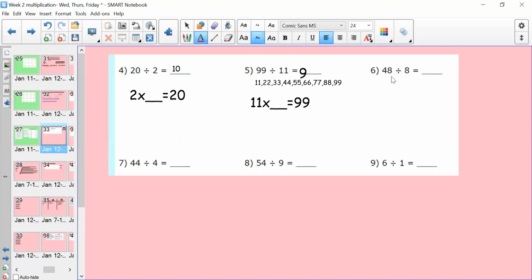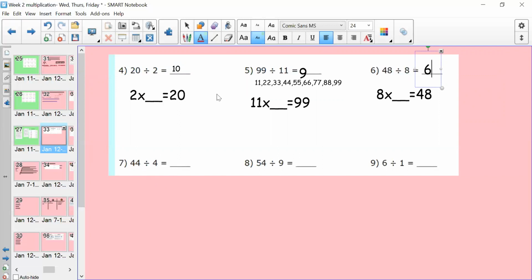Okay, so this one, 48 divided by 8. So if I was using my times table knowledge, it would be 8 times what equals 48. And we would have known that the answer would then be 6. Okay, so this one, similar to 99 divided by 11.